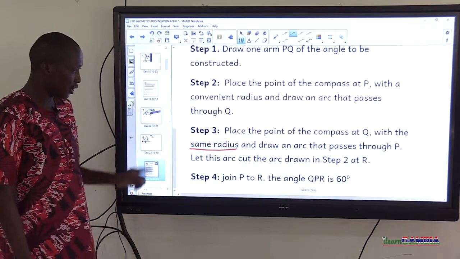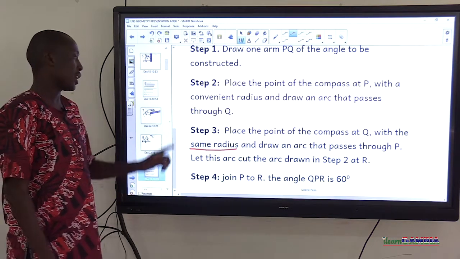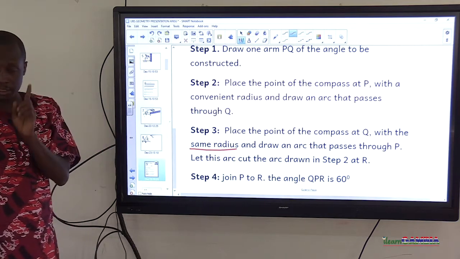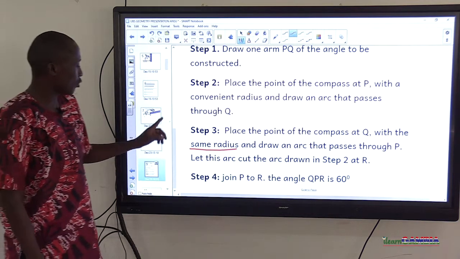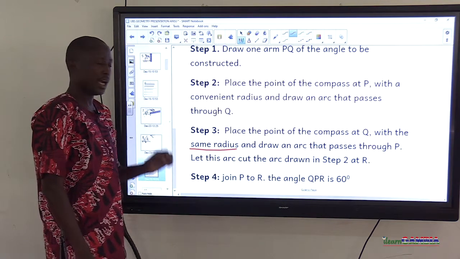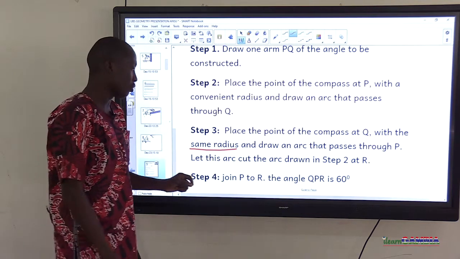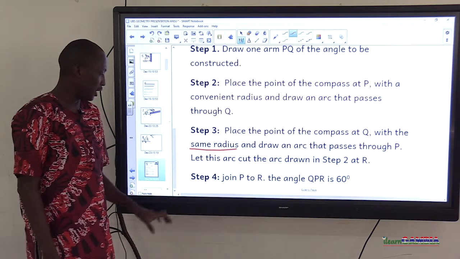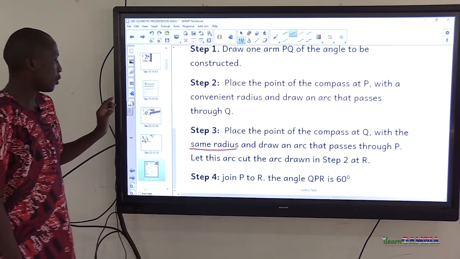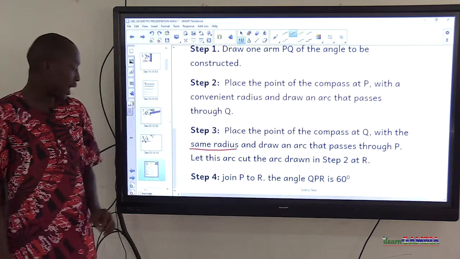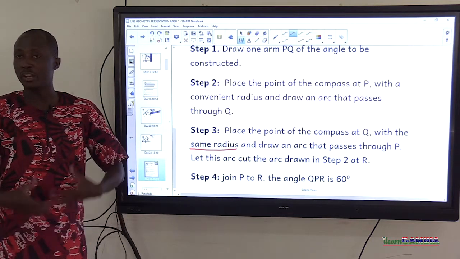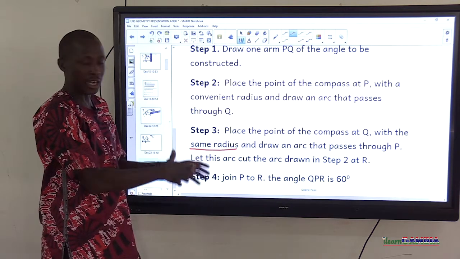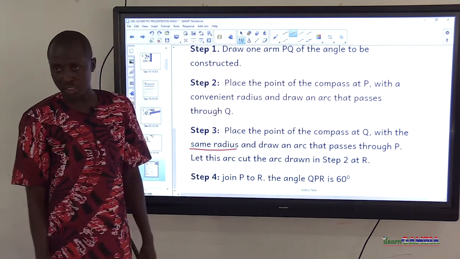With that same radius, put the compass point at Q and draw an arc that will intersect the first arc you have drawn in step 2, and label that point of intersection as R. Then the last thing we do is join point P to point R. The angle that we have now constructed is called angle QPR, and it will be 60 degrees.